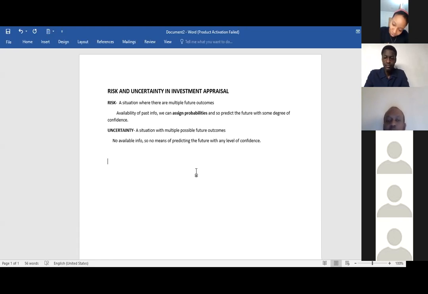And please, it's important to remember that risk is not necessarily downside risk. Risk doesn't necessarily mean something bad, negative will happen. There's also upside risk. The idea is we don't know what will happen. That's why we say there are multiple possible future outcomes. So let me put multiple possible future outcomes, just like I put with uncertainty.